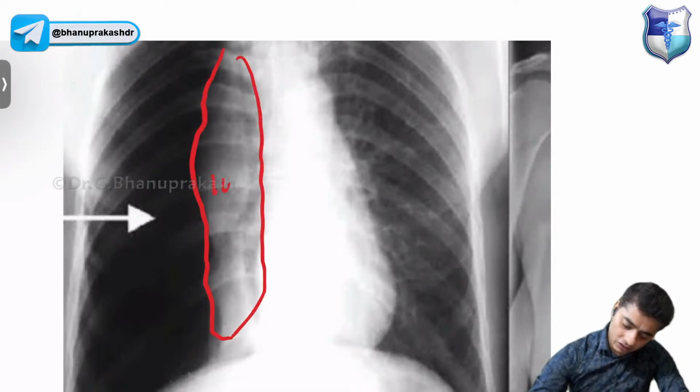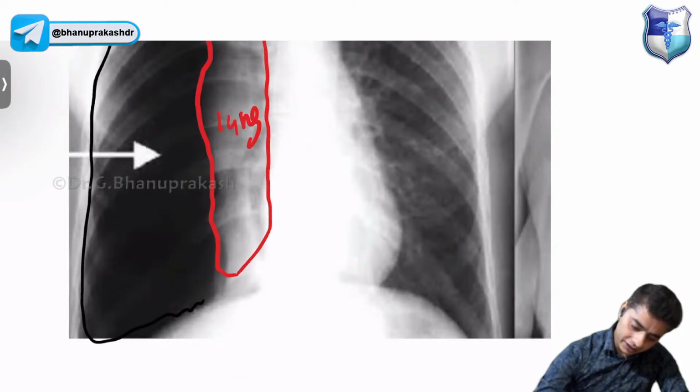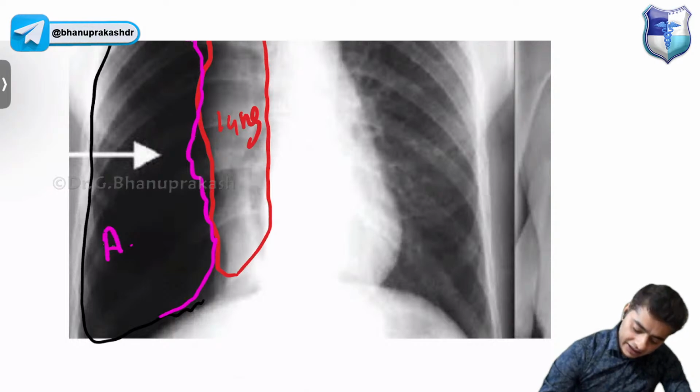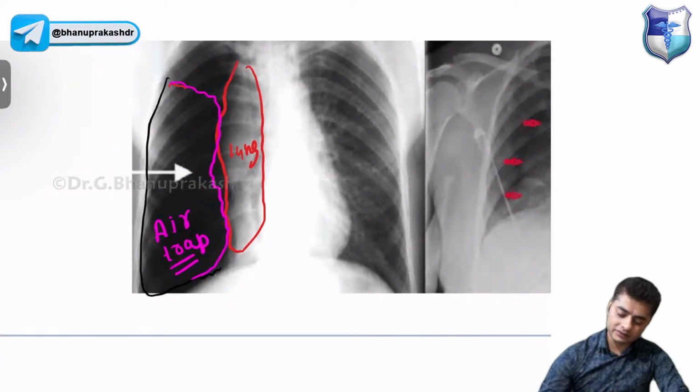This is the whole jet black area you are getting. What is in the jet black area? This is air, the air trapped. So you will get a jet black area in pneumothorax.